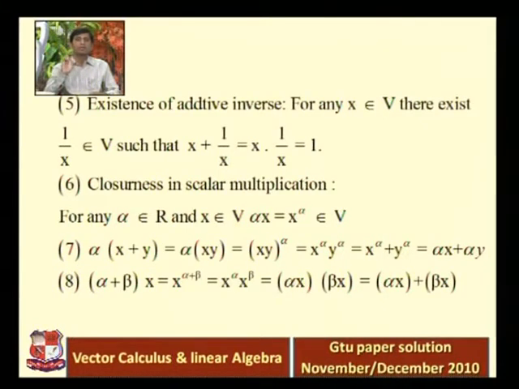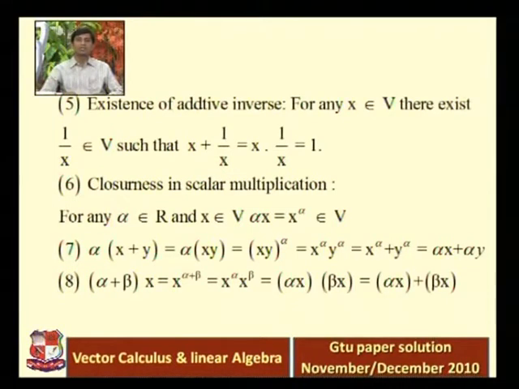But because x is a positive real number, whatever the exponent is, either positive or negative, x raised to alpha is always positive for any alpha belongs to R. Again I repeat that x is a positive real number and alpha is any real number, so x raised to alpha is always a positive real number. So that's why x raised to alpha belongs to V. Okay, so closeness in scalar multiplication is satisfied.